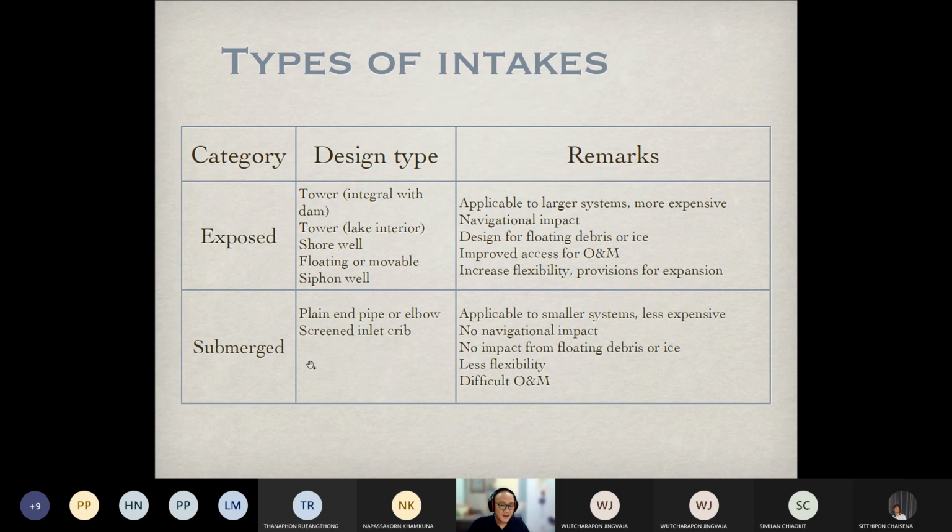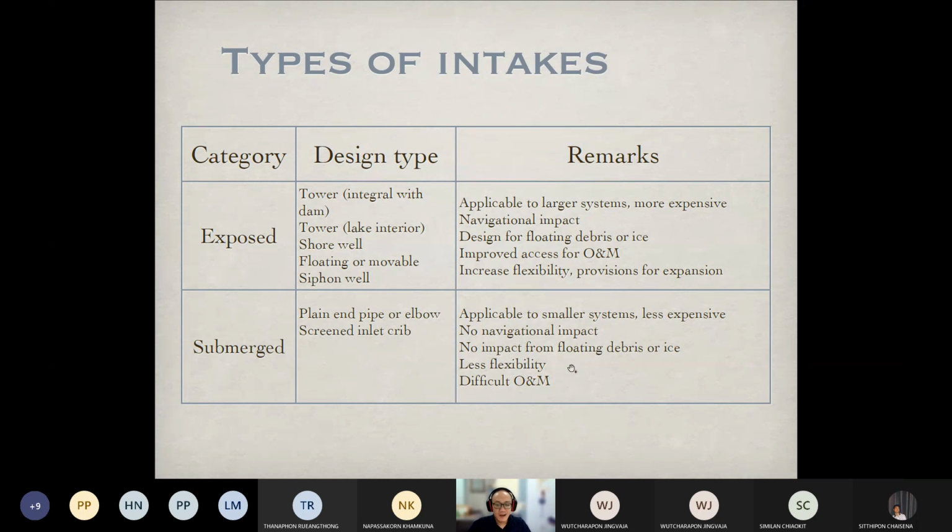It is less expensive, and one of the advantages over the exposed types is that it won't create any navigation effect, so it won't block water transportation in the water.